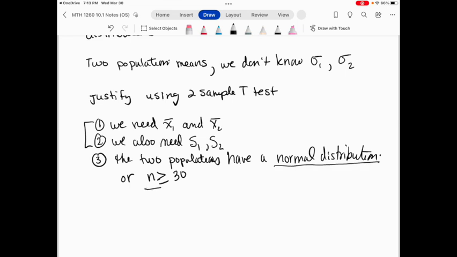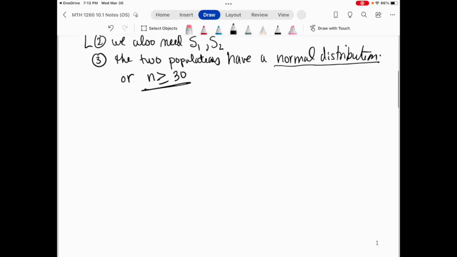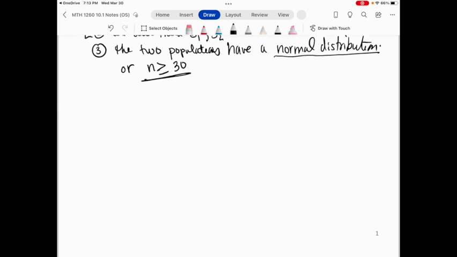So these are the things that we need. And then 3 is an or statement. We need to make sure that the two populations are normal or approximately normal, or we need a big enough sample size.